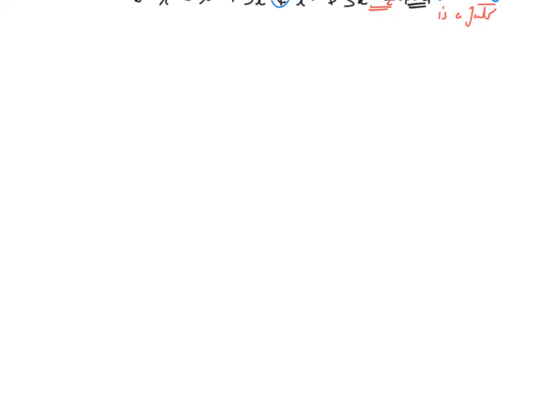Okay, let's try an example 3. Example 3, we're going to show that x plus 1 is a factor of x cubed minus 7x minus 6.